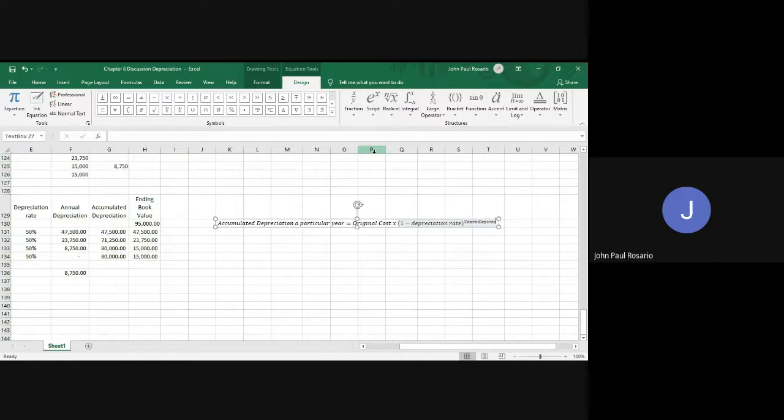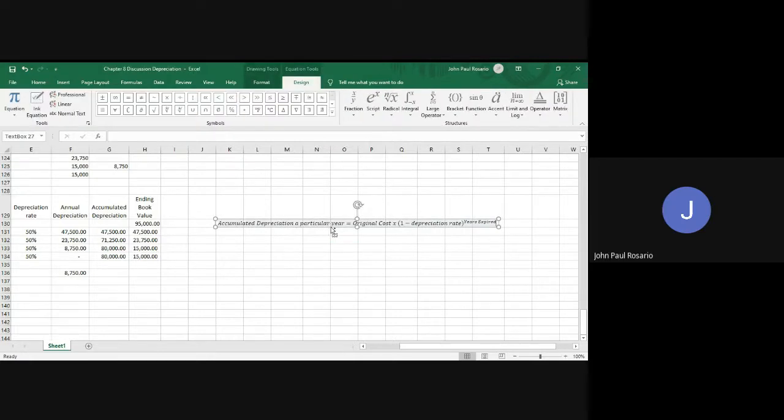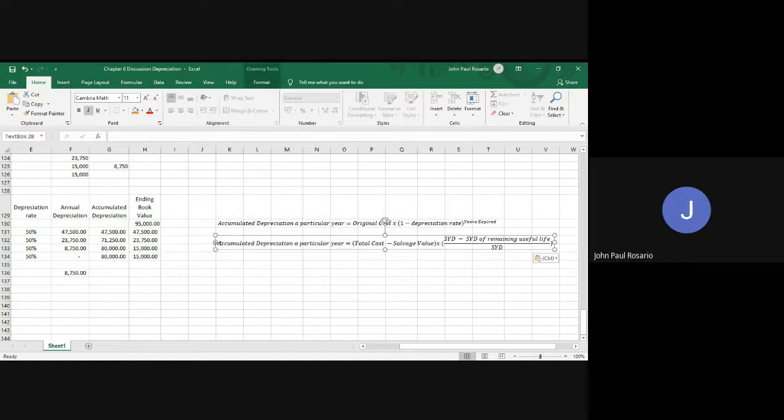This is accumulated depreciation. Ah, no. Before we go to accumulated depreciation, let's do the depreciation for the year first. Depreciation of a particular year. Depreciation expense of a particular year. So total cost minus salvage value times.